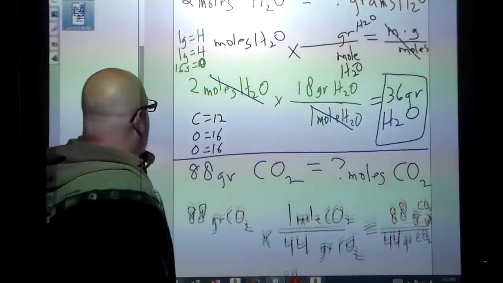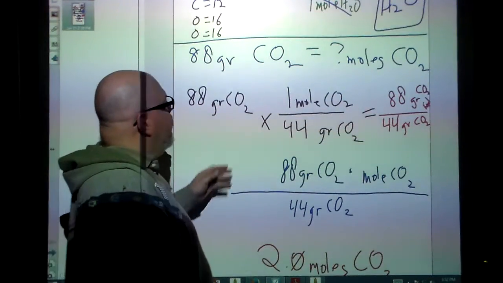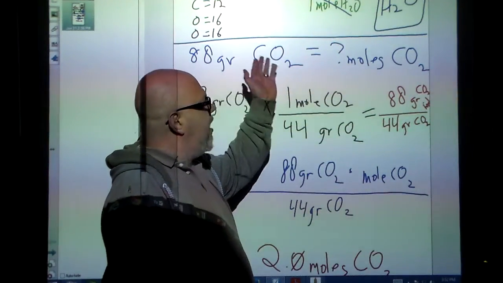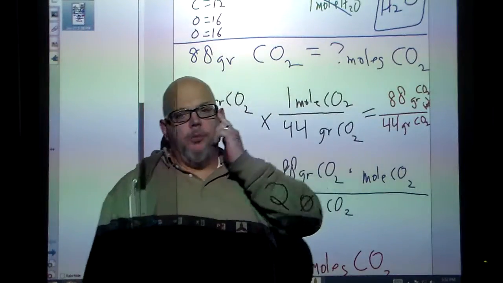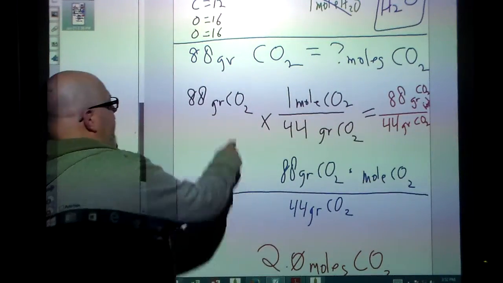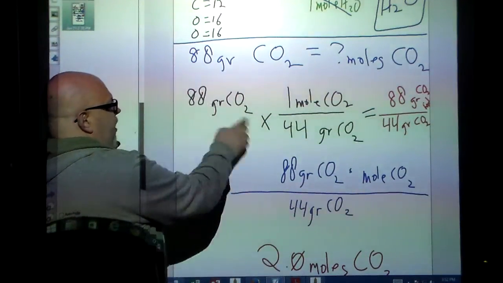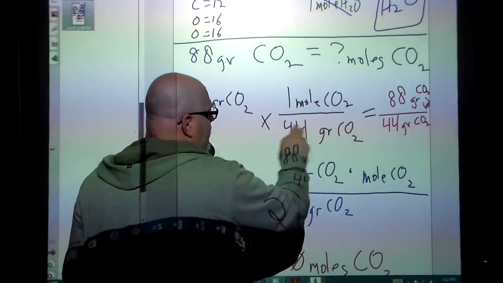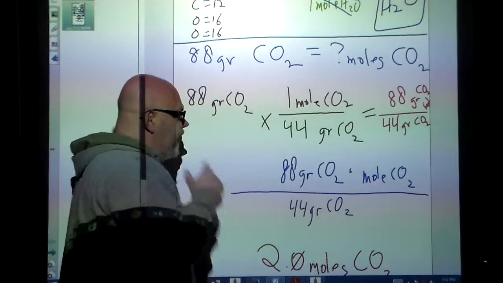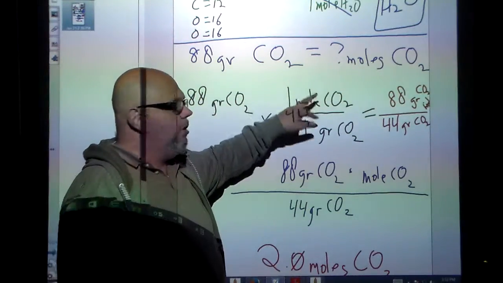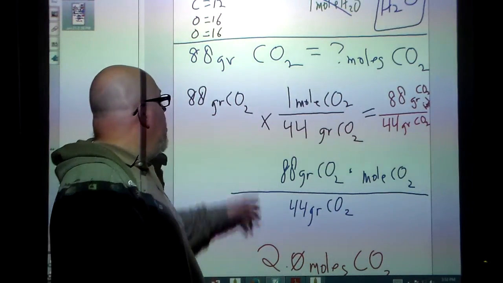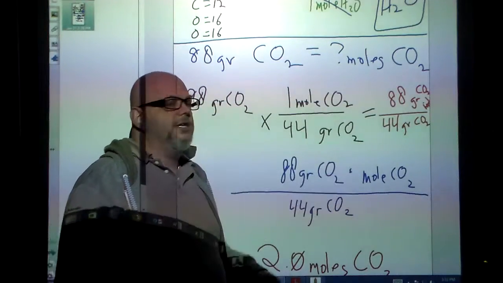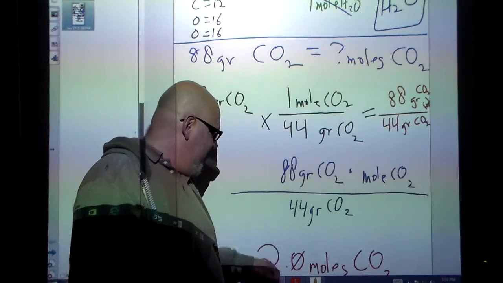We're good. Then here, we went from grams of carbon dioxide to moles of carbon dioxide, and it says 88 grams of carbon dioxide times 1 mole of CO2 divided by 44 grams of CO2. You'd say, but how do I know which one to put up on the top or the bottom? Notice how your units need to cancel out. That's the key thing.